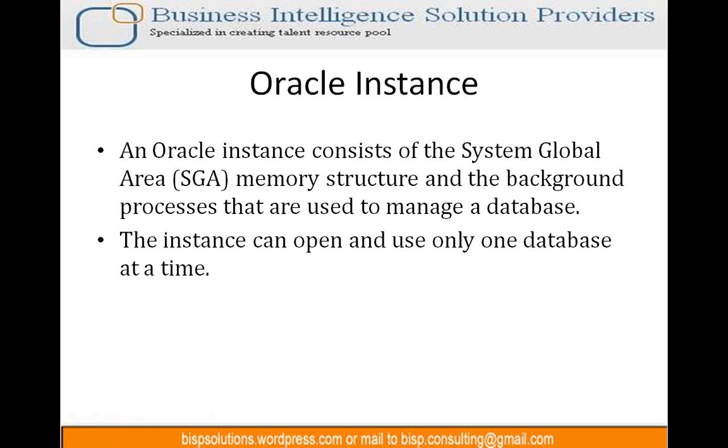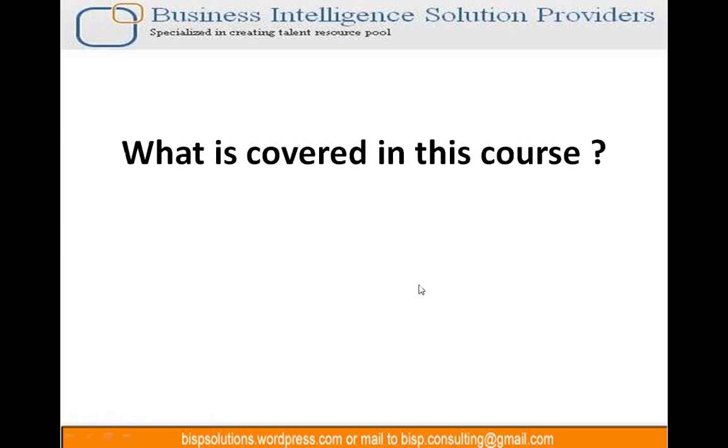It contains the system global area, which is nothing but a shared memory structure for all the users which are going to use this database, and a set of background processes that are used to manage the database. One instance can open only one database, but one database can definitely have multiple instances working for it. So Oracle instance we will have a look at in details when we go through this course.